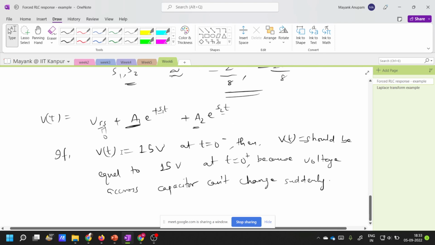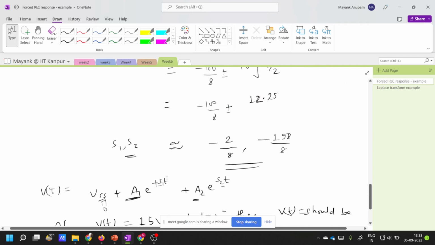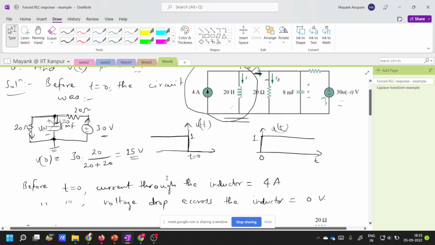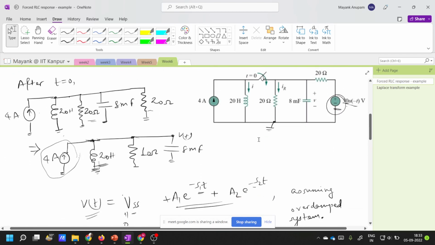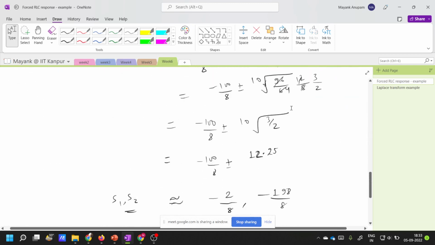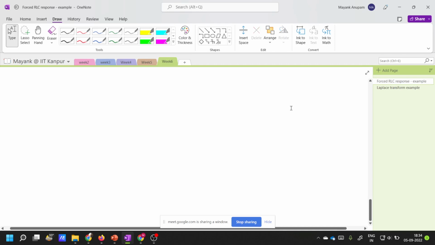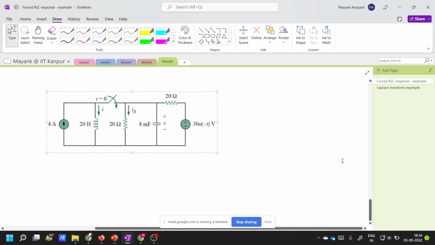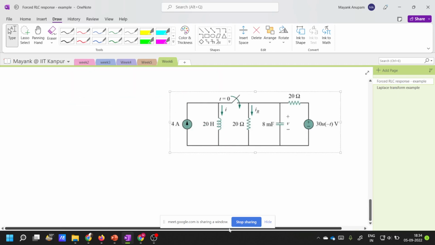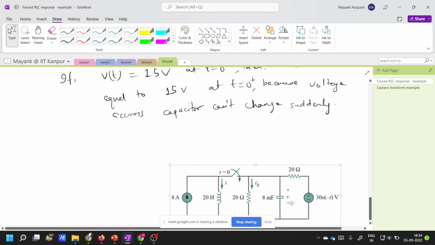Fine. Now, I have got only one initial condition, but I have to find out two values, A1 and A2. So from where will I get a second initial condition? Any idea? No, sir. Okay, so you remember that for a second order circuit we have two variables, right? And we have two things, an inductor and a capacitor.